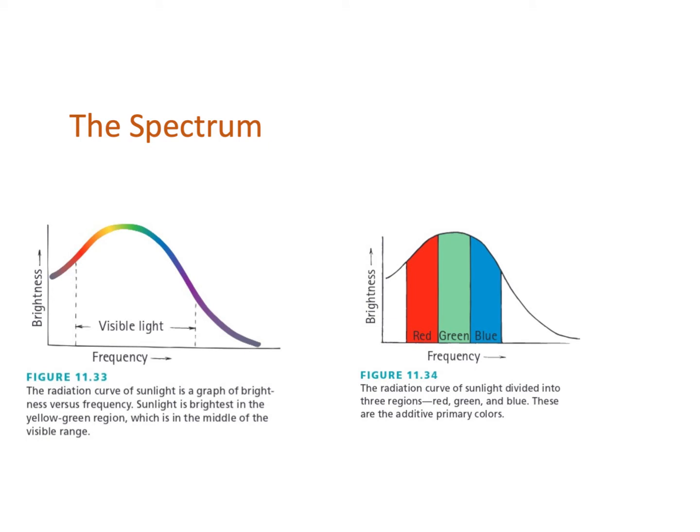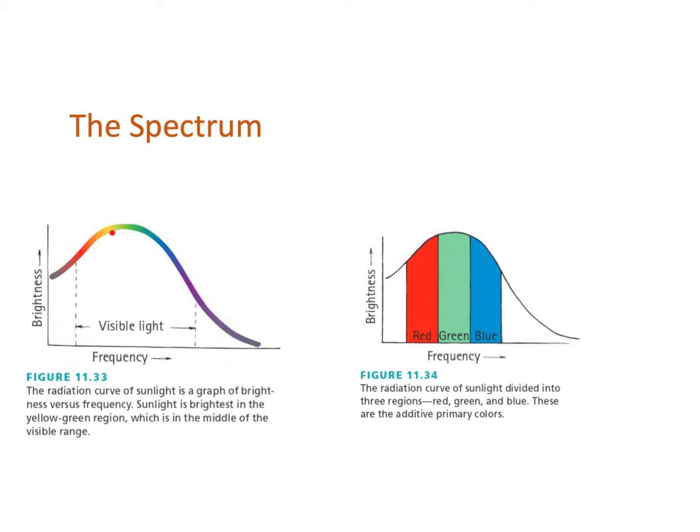Now, here's an interesting thing. If you pass light through a prism, you guys probably learned in grade school that the prism will break the light into all the different colors of the rainbow. Now, if you plot the brightness of every color versus its frequency, and remember, we know from previous discussion that what makes the different colors of the light is what frequency they are, you see a curve that looks like that.